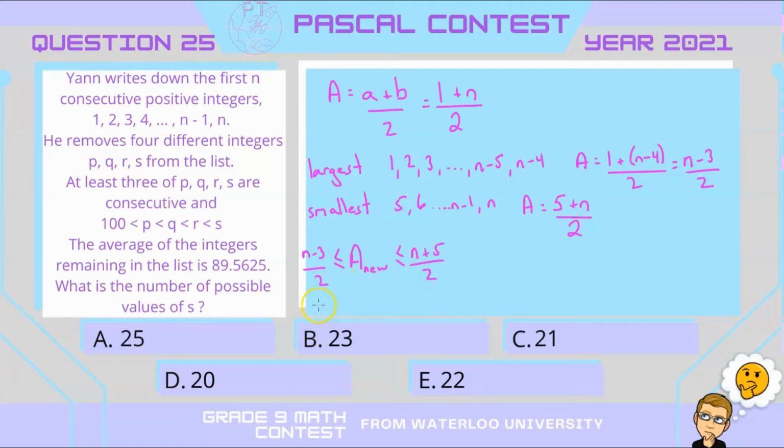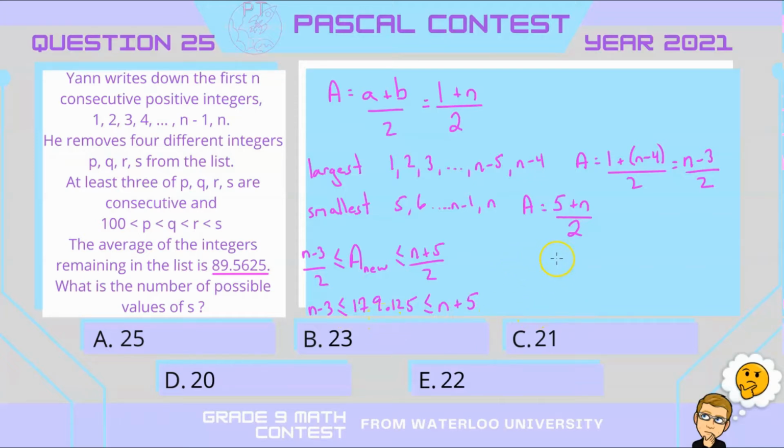So if I multiply all through by 2, I know n minus 3 is less than or equal to twice the average, and this is the average, 89.5625. So twice that is 179.125, and must be less than or equal to n plus 5. Now since these are integers, I'm going to round this average to 179.